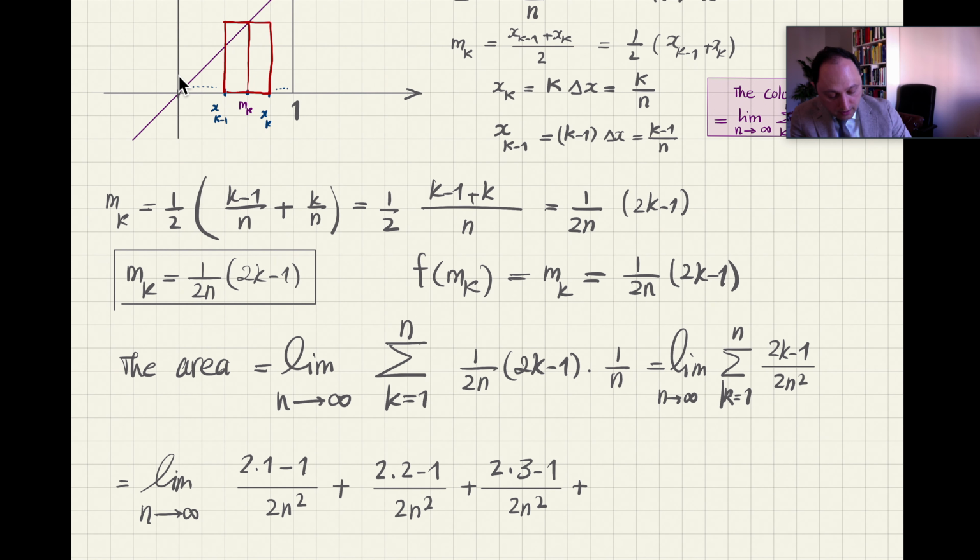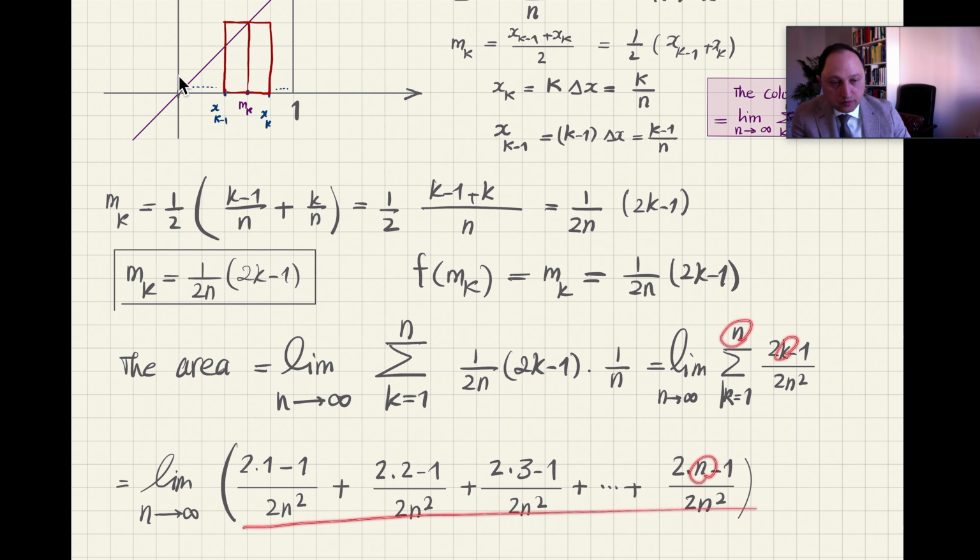And then we continue until we reach n. Please let me know if you don't understand what I am doing. I am just expanding this sigma. Expanding this sigma means replace k with 1, replace k with 2, replace k with 3, and continue until you replace k with n and add them up. Do you agree with me?